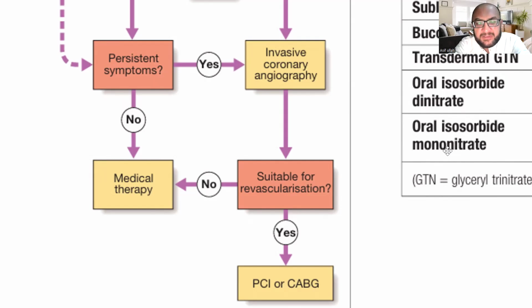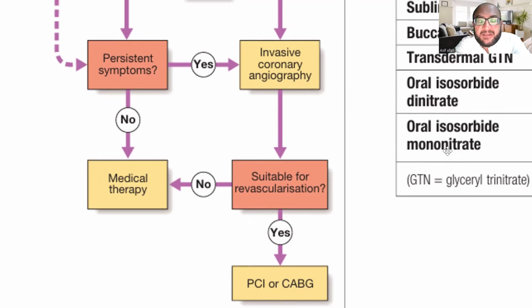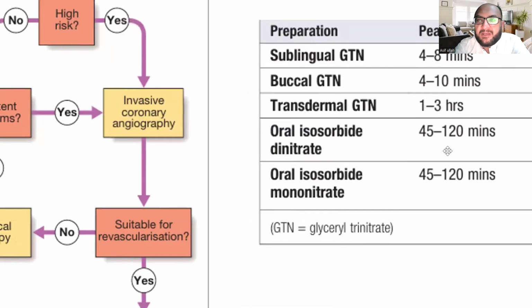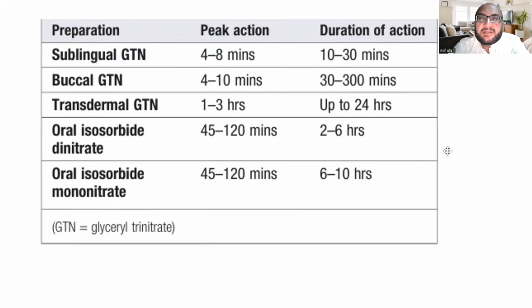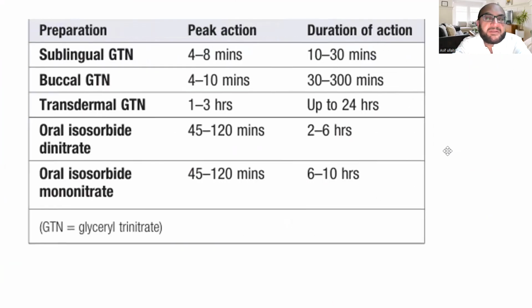Then the patient thinks that it is the end of the story or end of life for him. However, it is not like that. Medical therapy still has value under the supervision of a qualified cardiologist. Obviously, this is not some general practice stuff to be followed on its own.